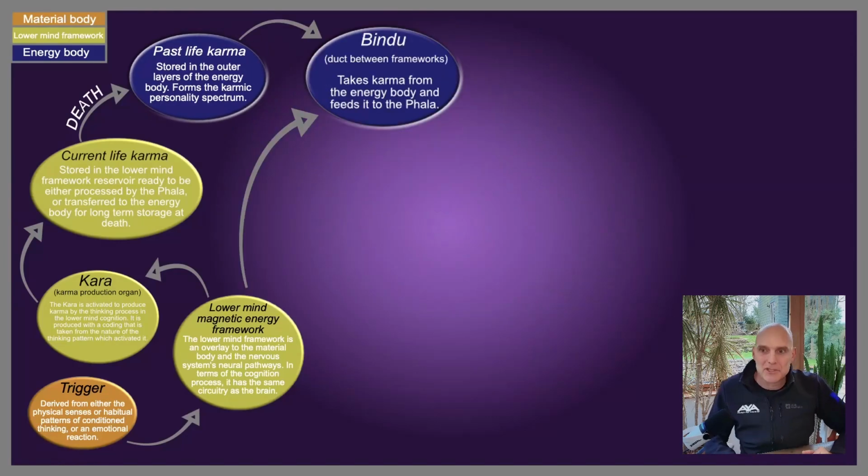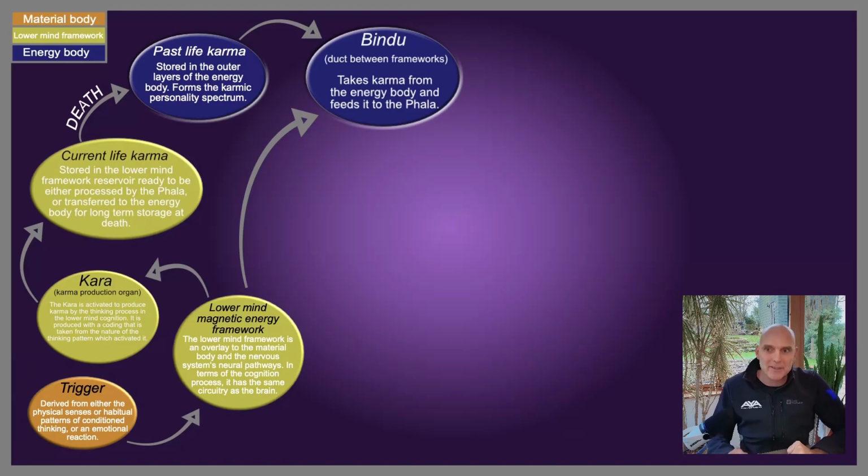Now, something I didn't mention last time round is that there's another arrow here from the lower mind to the bindu, because when the lower mind thinking happens, not only do you start producing karma, but you activate the burning of karma as well.